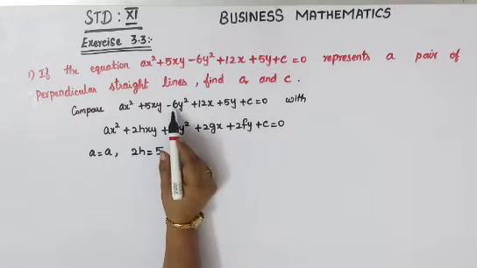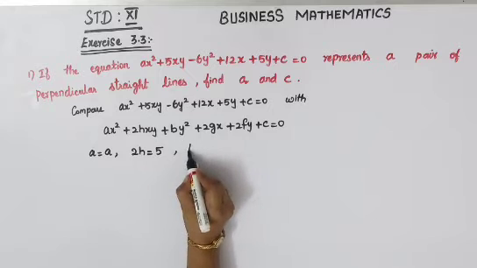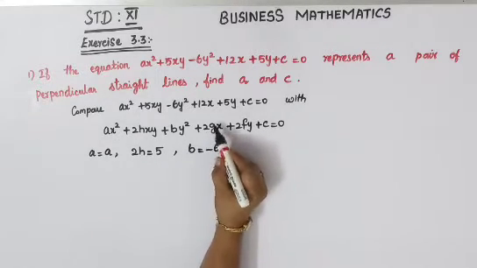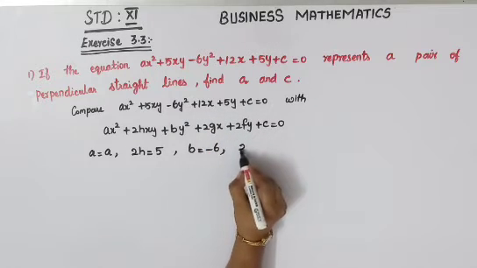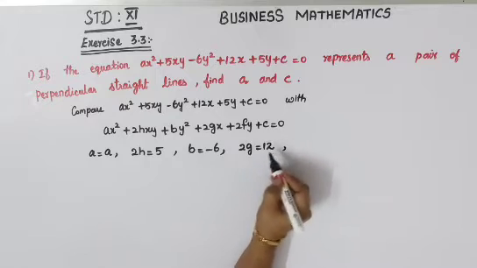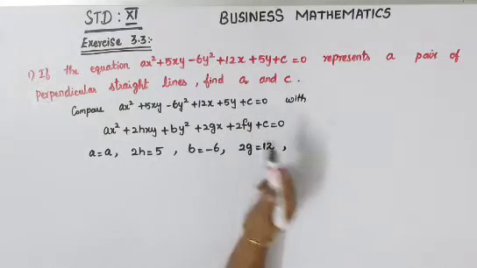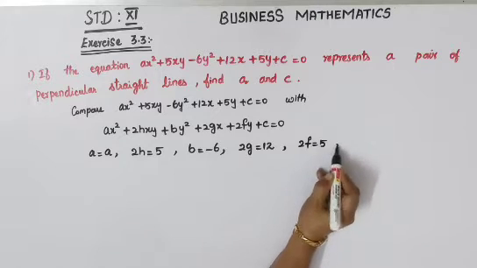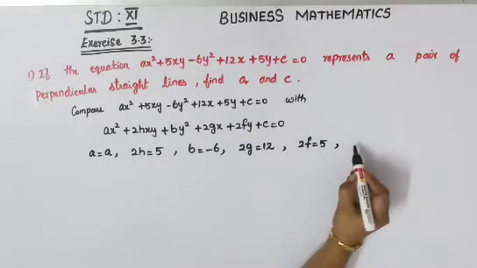Next, b = −6. Next, 2g = 12. Here 2f, we have got 5, so 2f = 5. The last term is c = c.